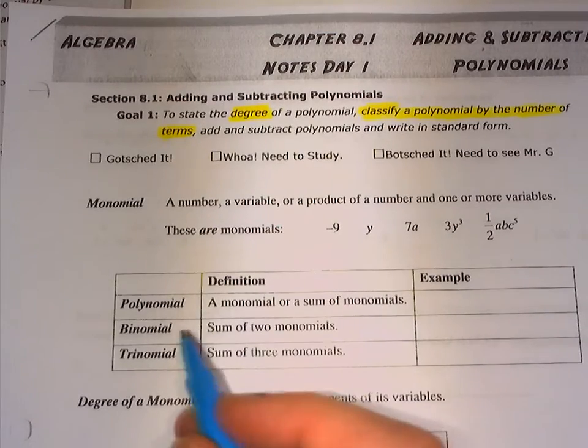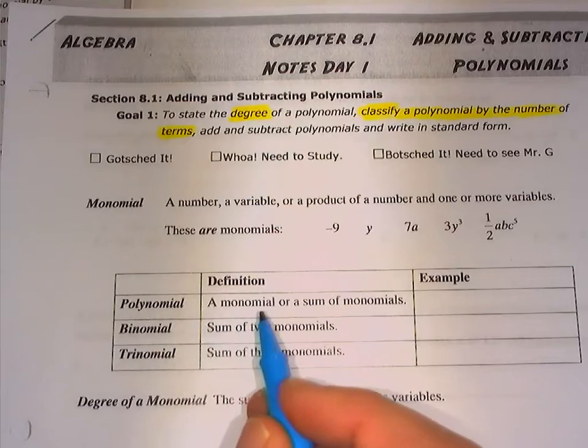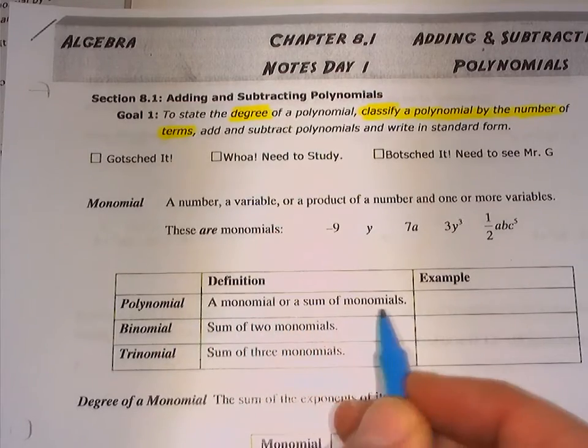By definition, a polynomial is a monomial or a sum of monomials.